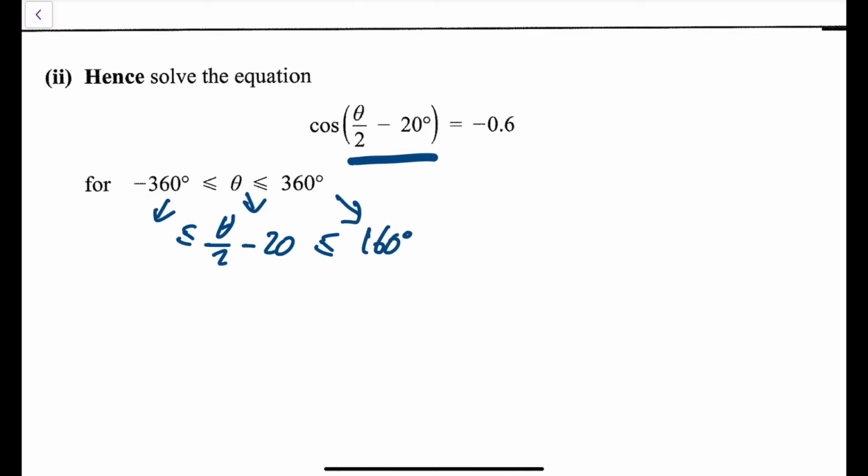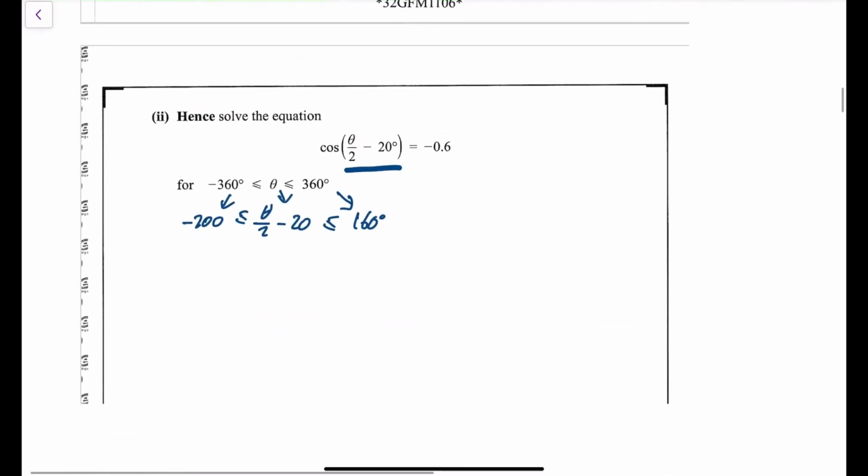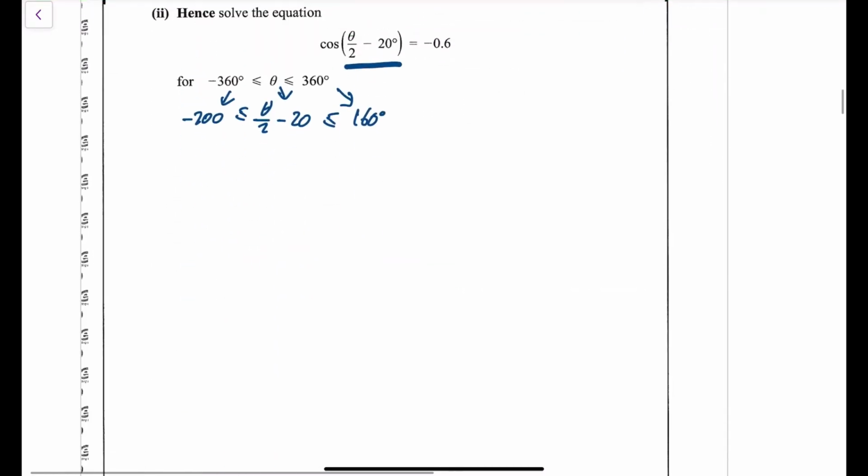Do the same, divide minus 360 by 2, you get minus 180. Take away another 20, that's minus 200. And that means from earlier on, our two angles are equal to this. But it's theta over 2 minus 20 equals, it was a minus 126.87 or plus 126.87.